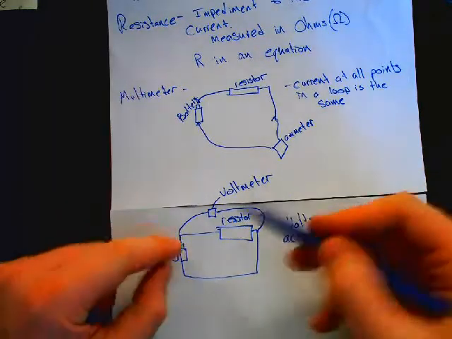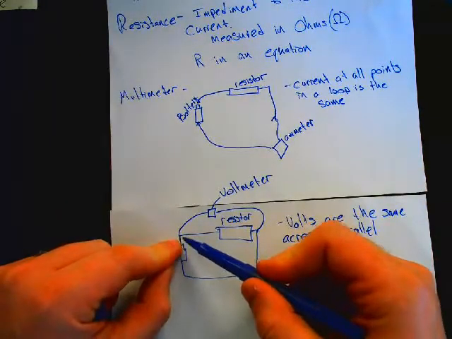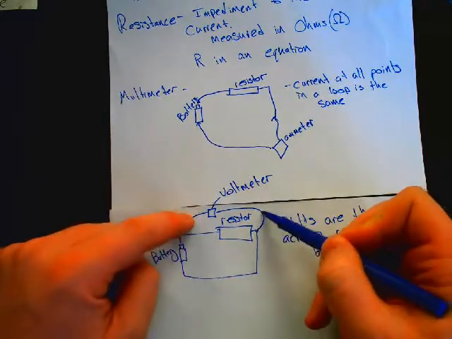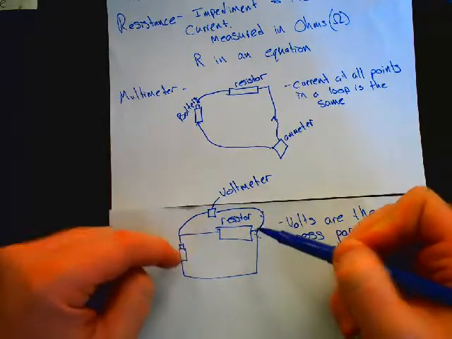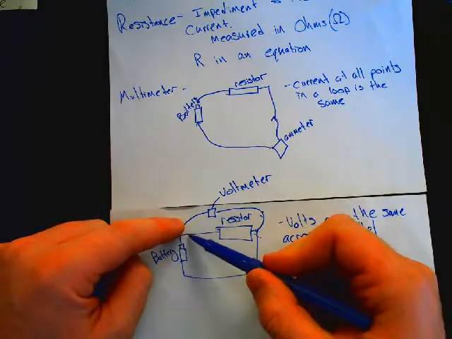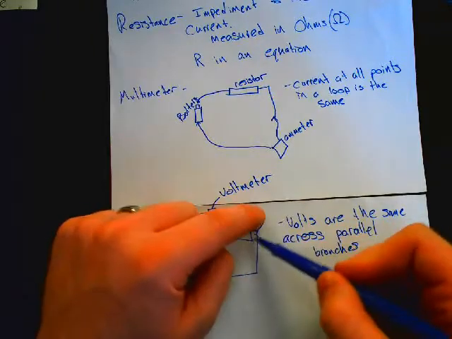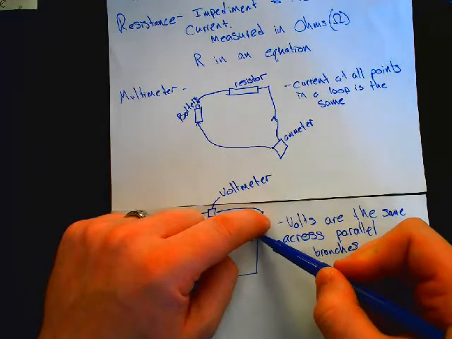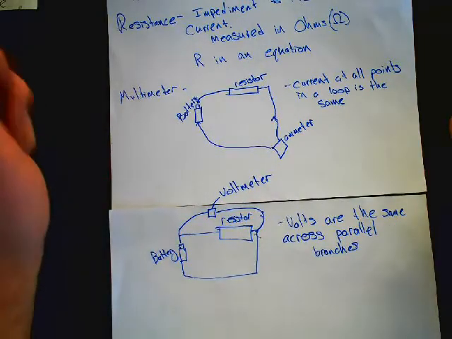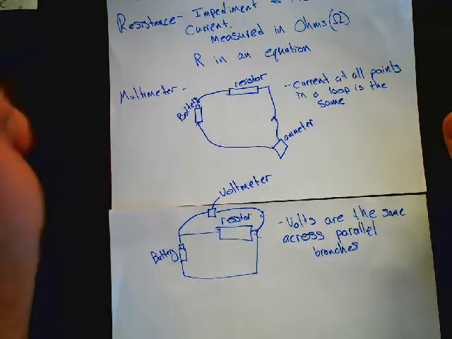What I mean by that is that when they have a choice and those two choices meet back up, the voltage across this branch and this branch must be the same. Meaning that the amount of energy the electrons carry here and the amount of energy the electrons are carrying here are the same, and they're returned back to this point having used up the same amount. Good? Other questions about this one?